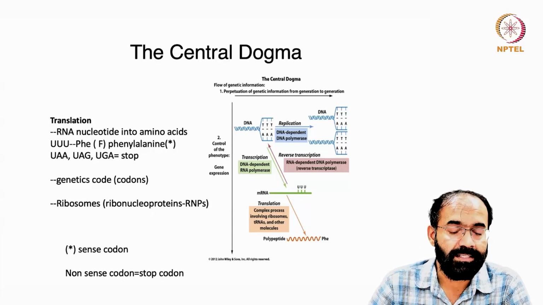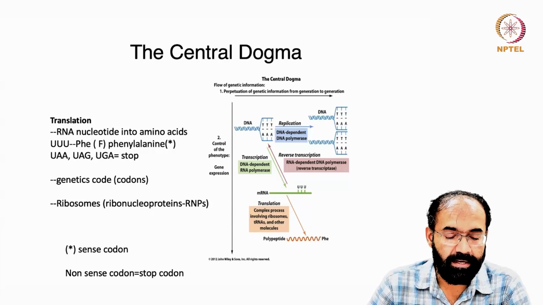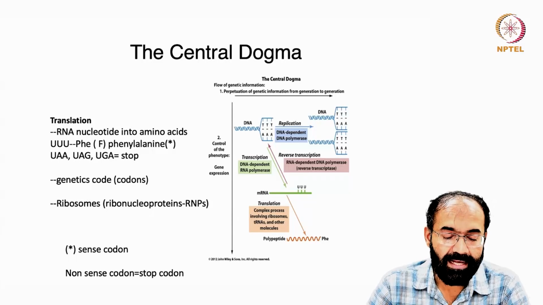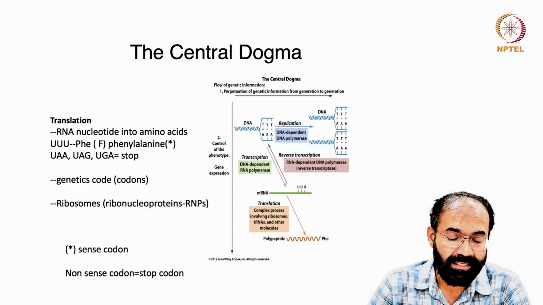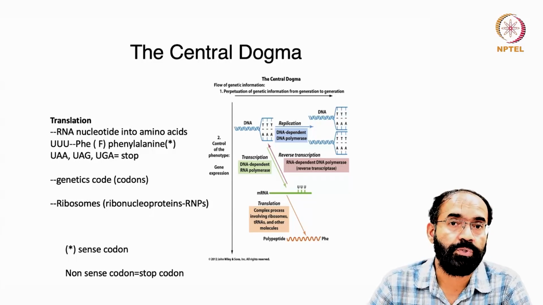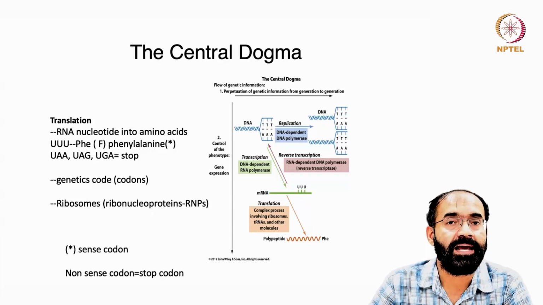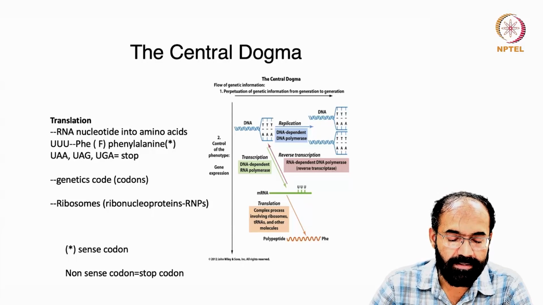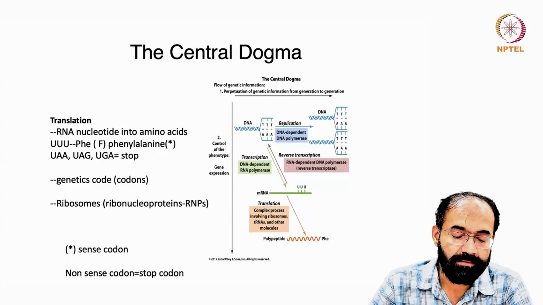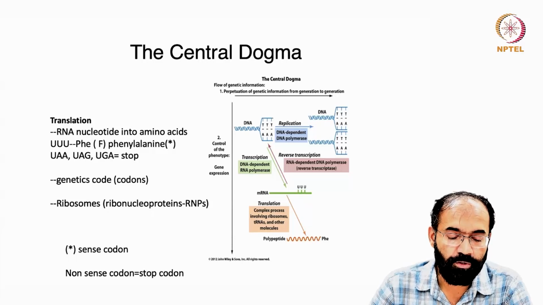Phenylalanine is an amino acid that is attached onto a tRNA. That tRNA has an anticodon that can pair with this UUU. That means the anticodon of the phenylalanine-bearing tRNA will have AAA, triple A, and during protein synthesis that will come into the picture.